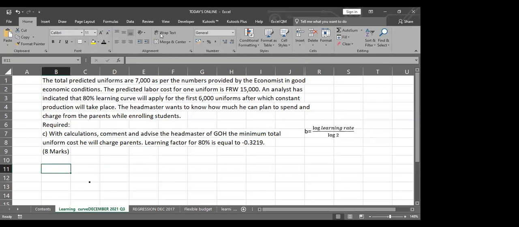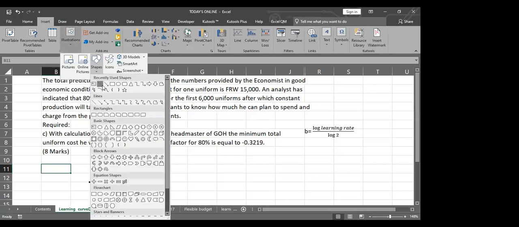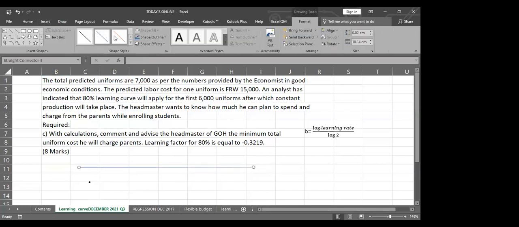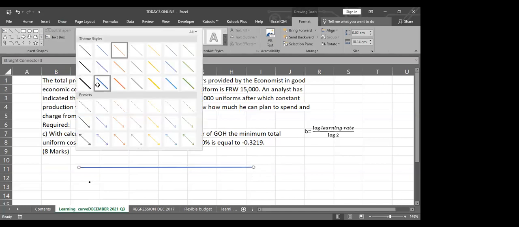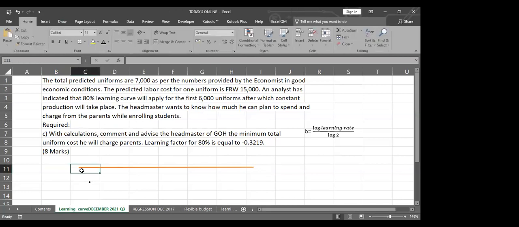Now, if you check the question, you notice that they are saying there's a point where learning will stop, and that is what we need to know how to deal with. So if I sketch a line here showing how things will be, maybe we can use that to understand it.